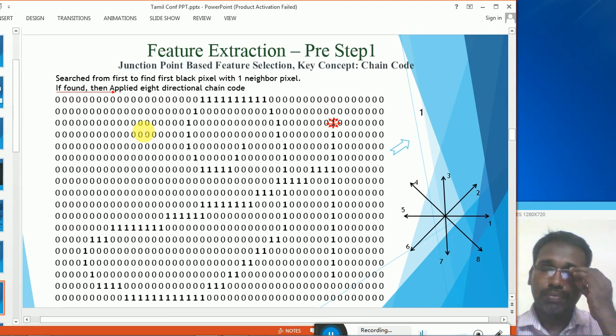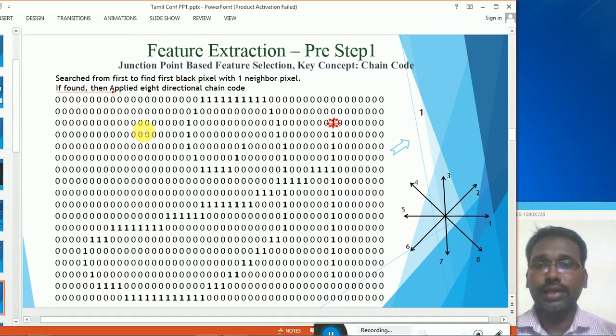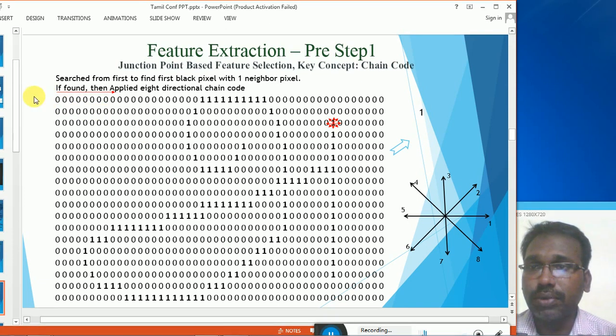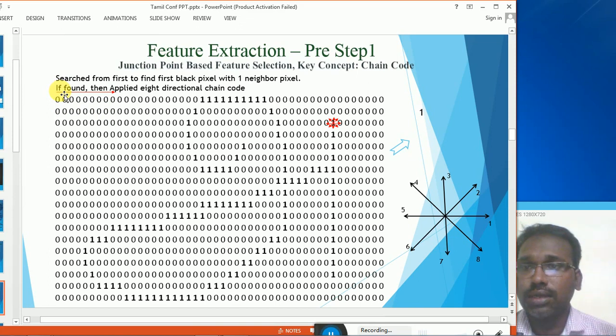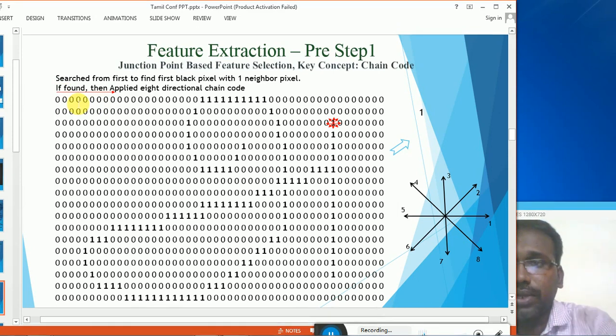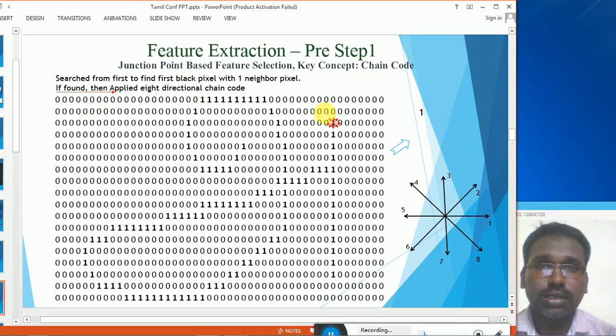That is the pre-step of feature extraction. Here we take the character image and scan from the first pixel to find the first black pixel with a single neighbor.